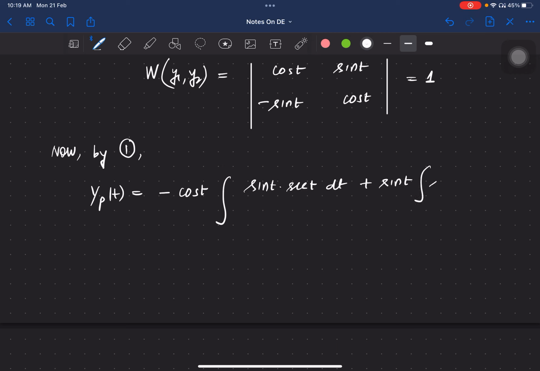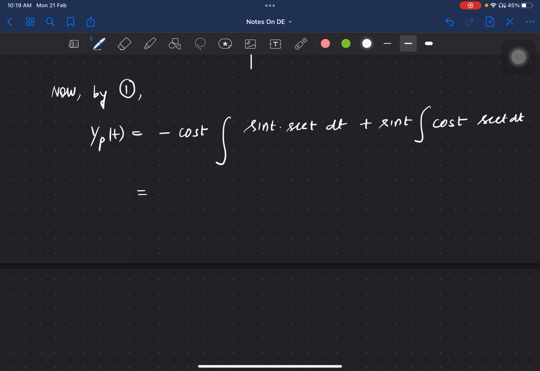Y2 is sin t, next is the integration of cos t times sec t dt. The first one, since sec t is 1 by cos t, gives tan t dt, plus sin t times the integral of 1 dt.